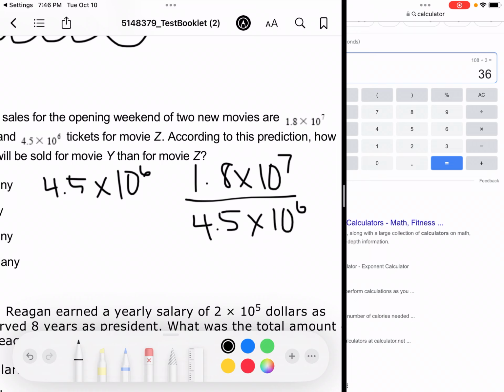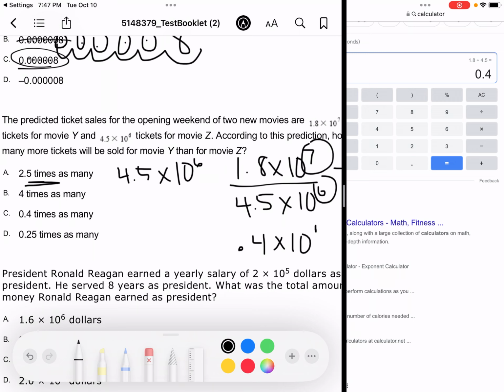In my calculator, I'm doing 1.8 divided by 4.5, and I get 4/10 times 10, and I'm going to subtract these exponents, 7 minus 6, to the first. So if I want to figure that out, I'm going to move my decimal over 1, and I get 4 times as many.